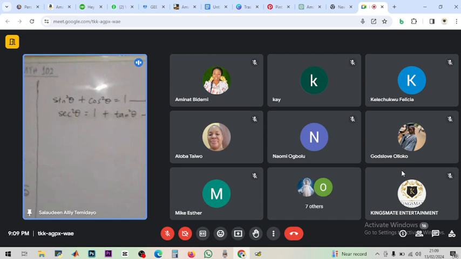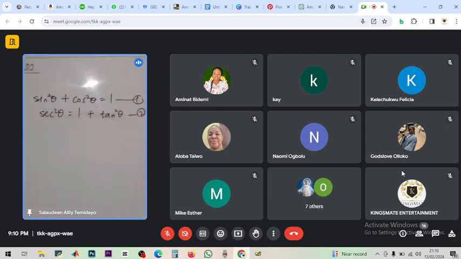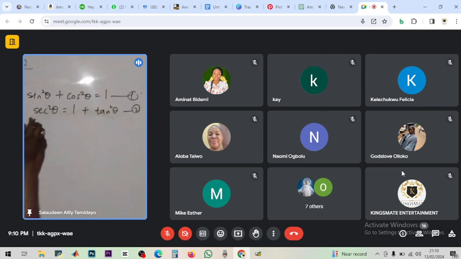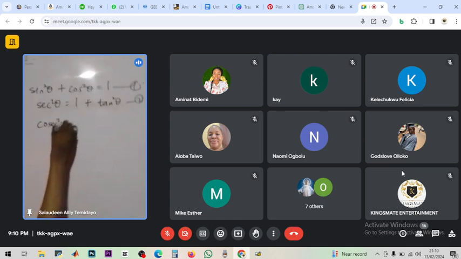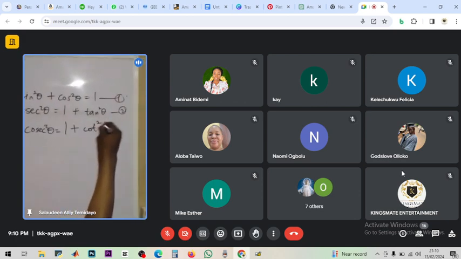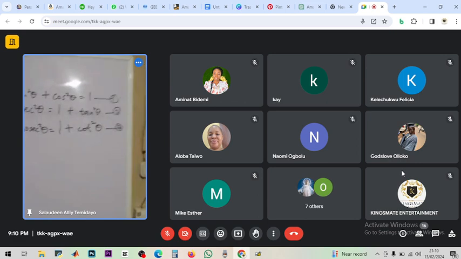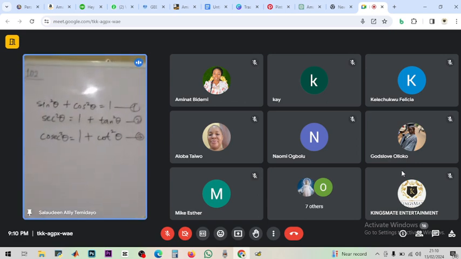This is the second trigonometry identity. These things are what you should know offhand by yourself. And the last one here is cosec square theta equals 1 plus cot square theta. That's the third.